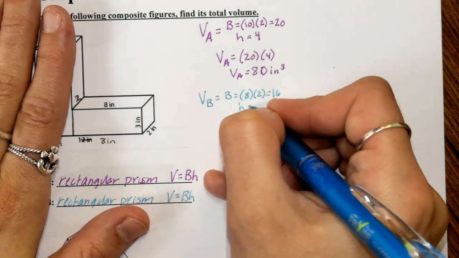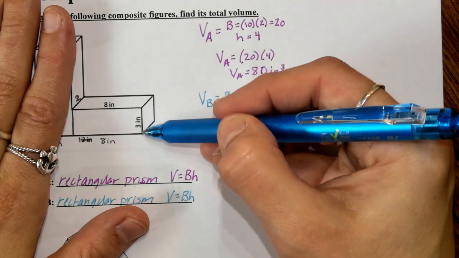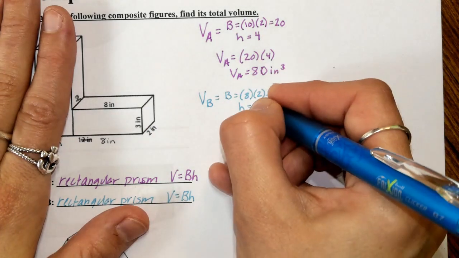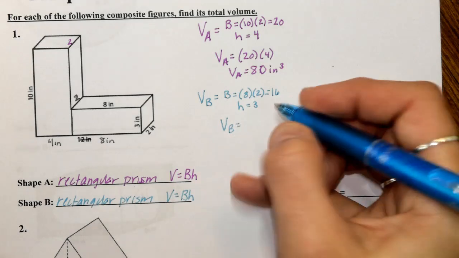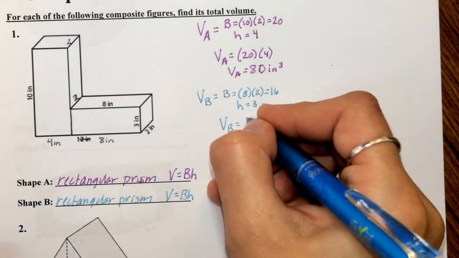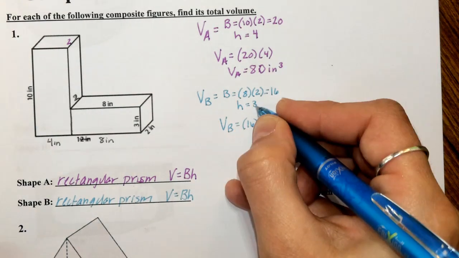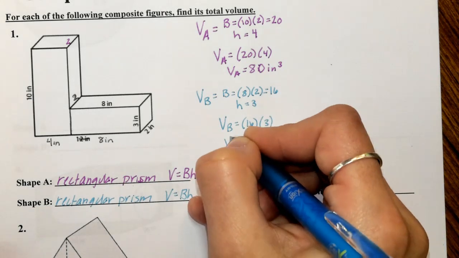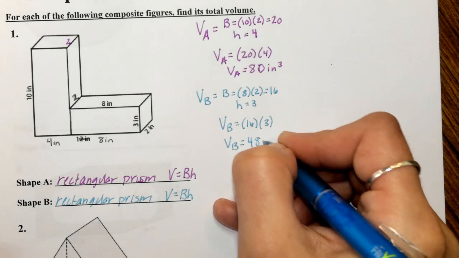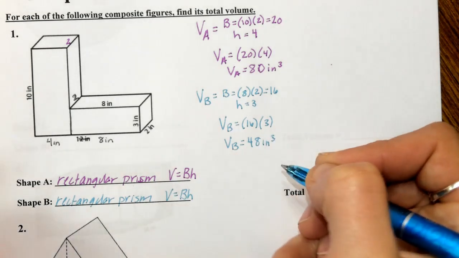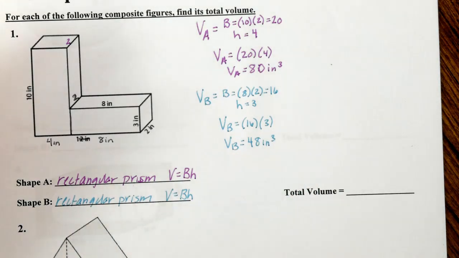And then our height would be that 3, the other number we have not used. So volume of shape B, we've got big B, 16, times height, 3, giving us its final volume, 48 inches cubed.